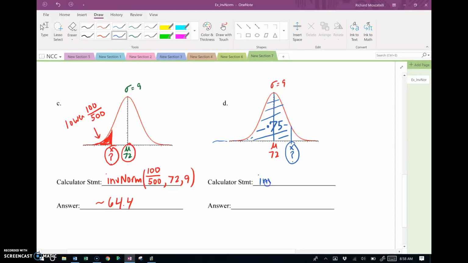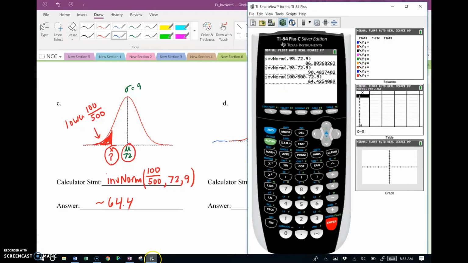All right, so inv norm. That 75% is an area on the left, comma the mean, comma the standard deviation. All right, so let's go to our calculator. Change this to 75%.